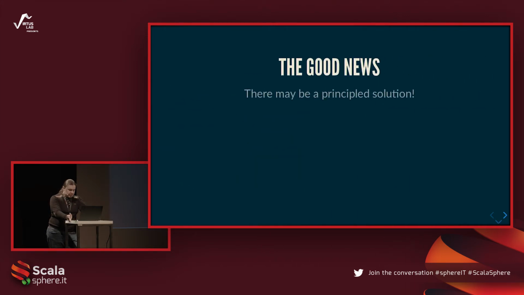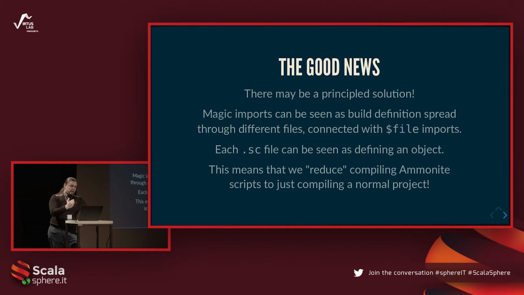Essentially, if we think about what Ammonite does, then the magic imports part can be seen as a build definition that is spread through multiple files that are connected with file imports. And each sc file can be seen as defining an object. So if we think of the problem like that, that means that we essentially reduce compiling Ammonite scripts to just compiling a normal project. And we know how to do that.